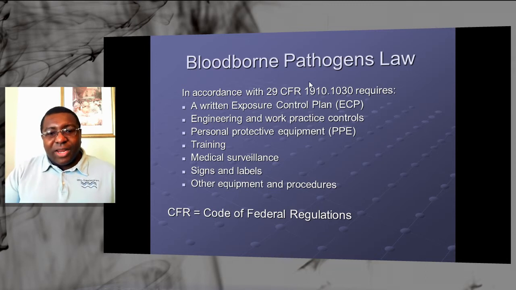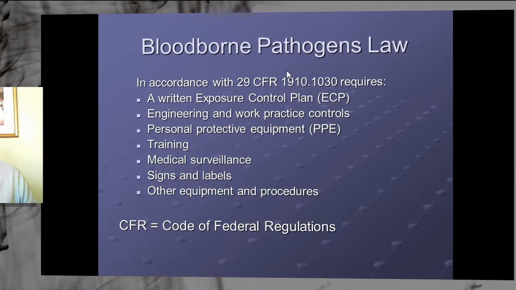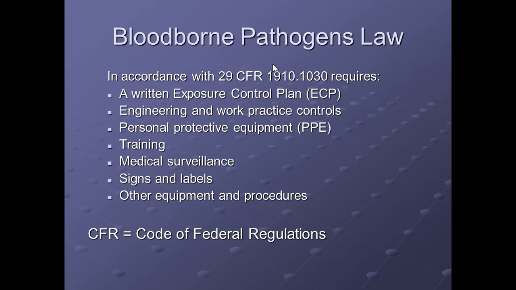So under Title 29 in CFR, 1910 is the general industry standards, 1926 is the construction standards, but in 1030, there's a requirement for bloodborne pathogens, and that's to protect the employees. That requirement tells you that you have to have a written exposure control plan, ECP, if your employees are reasonably exposed to blood.